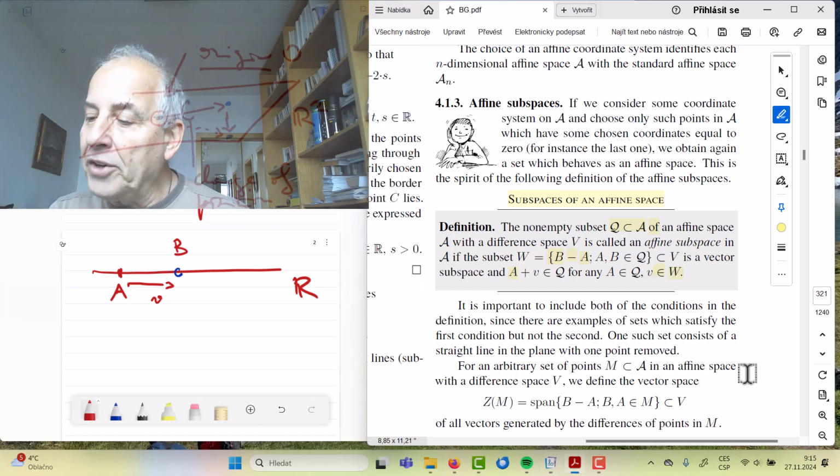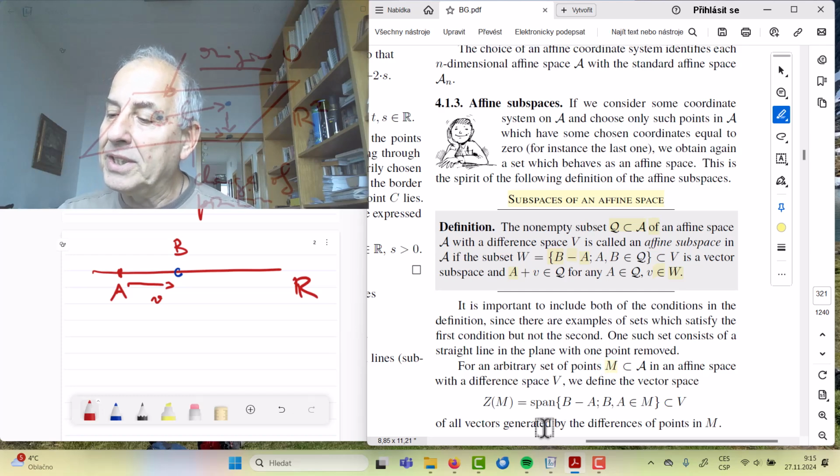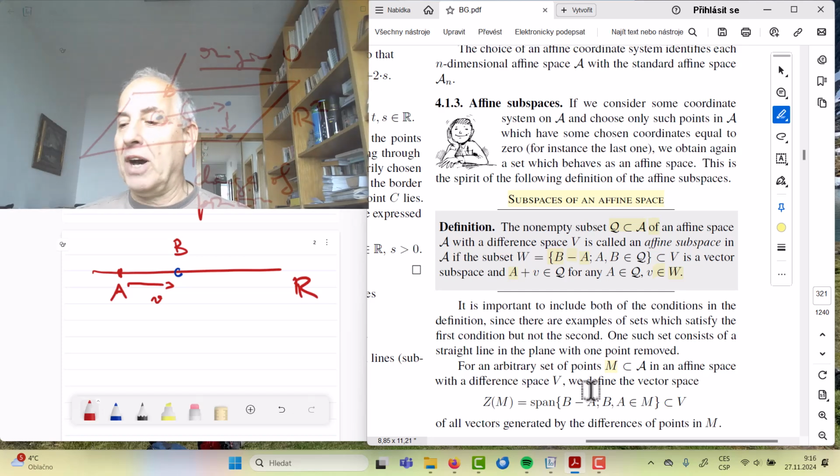Of course, what we can do is we can take any set of points, which we shall call generators of an affine subspace.